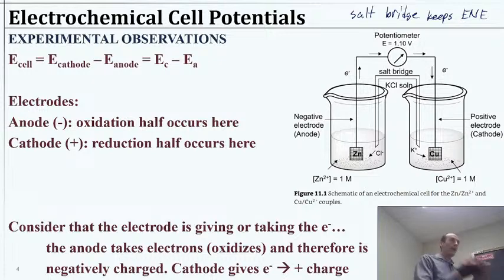The electrode itself is taking the electrons, oxidizing something else, and because it took those electrons, now it has that negative charge. Okay, so that's the way it made sense to me. And in reverse, the cathode is achieving a positive charge because it's giving away electrons, reducing whatever's around it. So it's left with a positive charge.